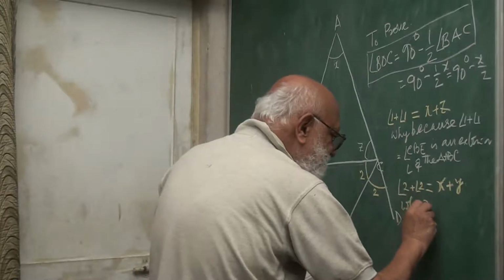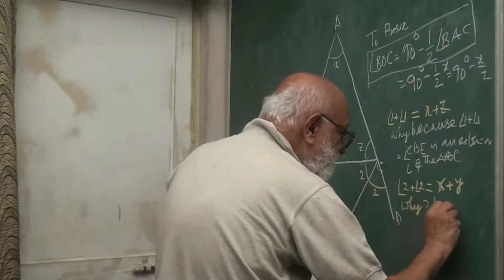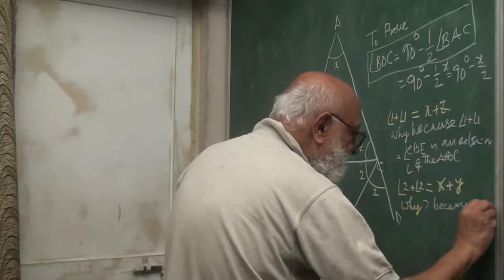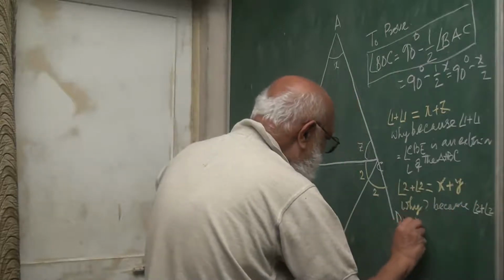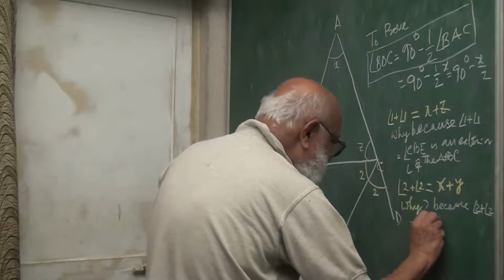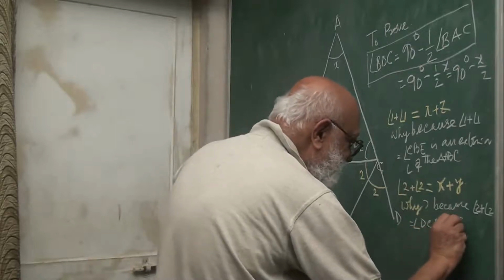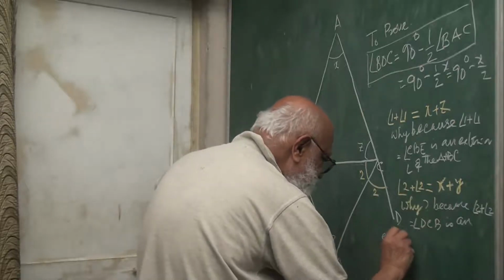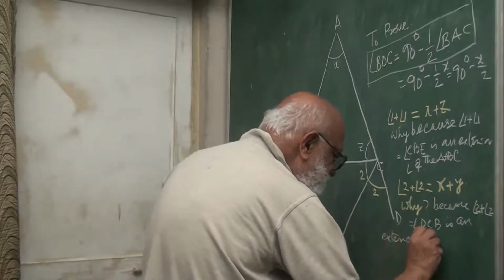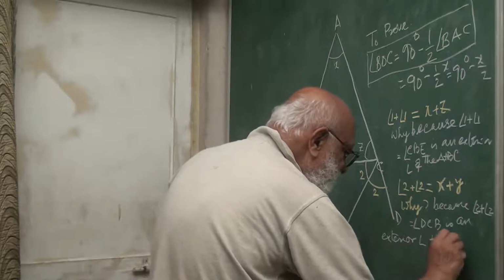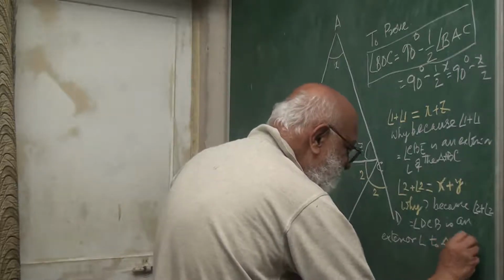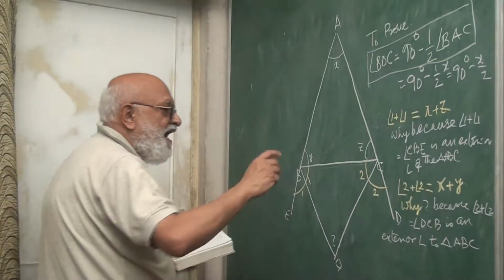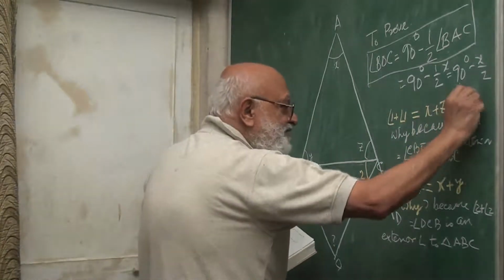Because angle 2 plus 2, that is equal to angle DCB, is an exterior angle to triangle ABC. Okay, this is 1, this is 2.